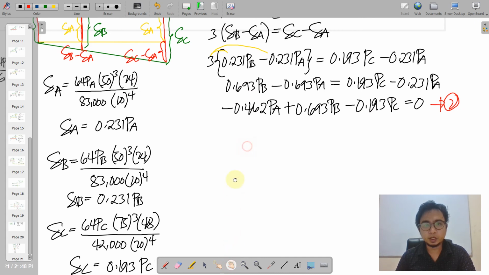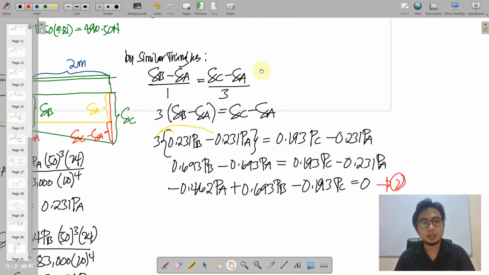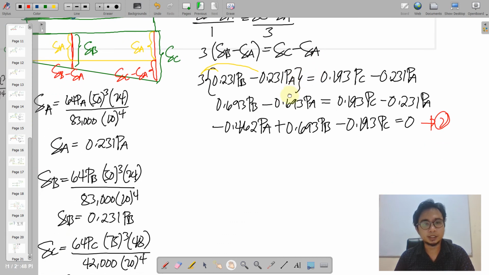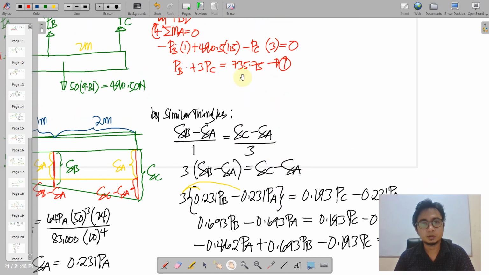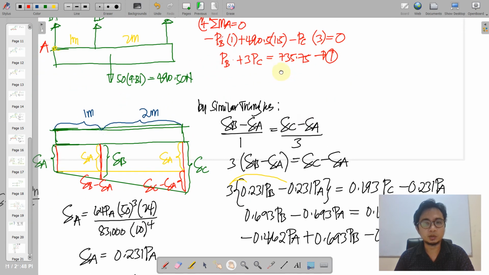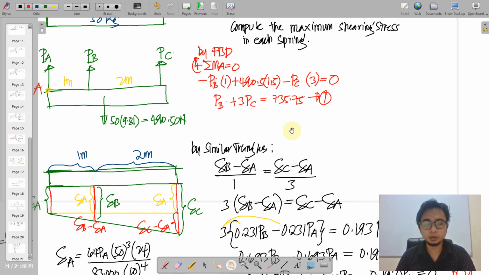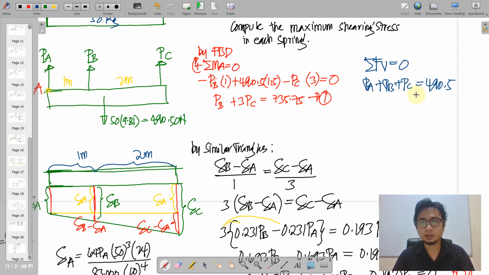So we have already utilized summation of moments and then elastic deformation. We still have summation of vertical forces to complete the third equation. That is easy to do. Summation of vertical forces is simply the three upward forces countering the total weight, 490.5 newtons.